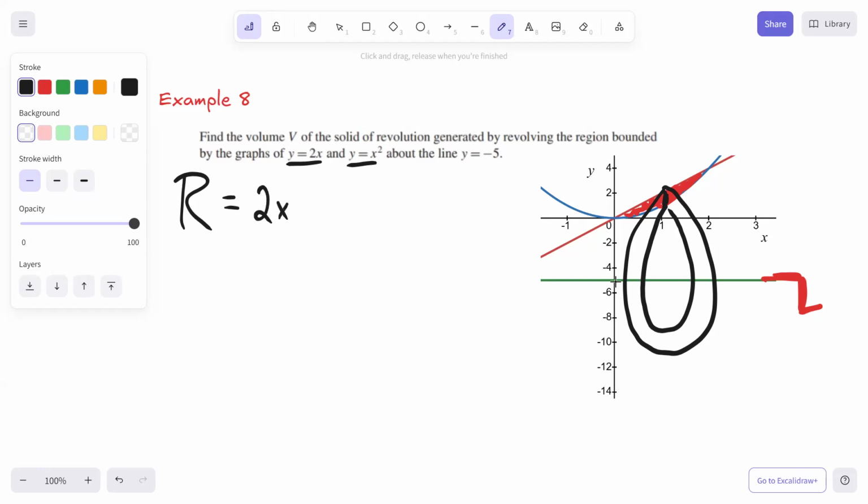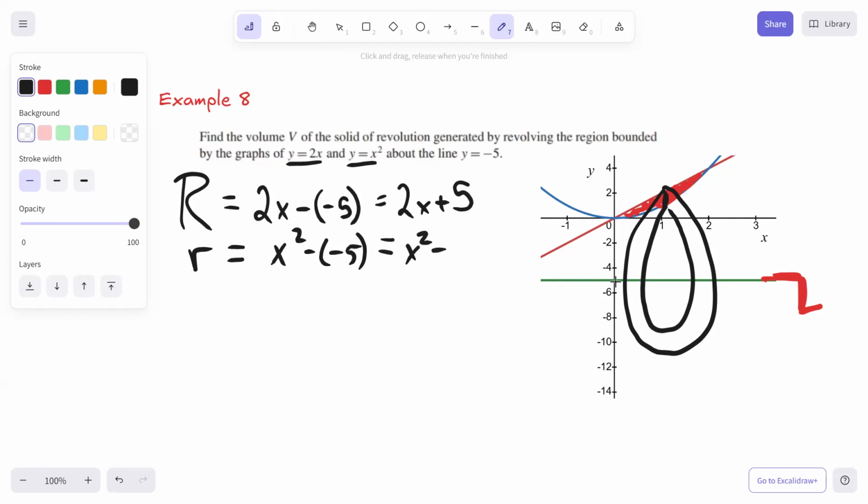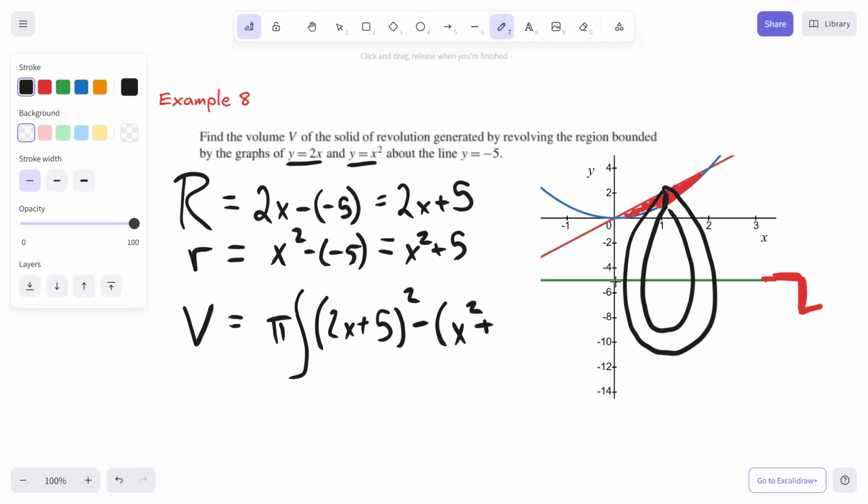If you do top minus bottom for the radius of the outer boundary, you would get 2x minus -5, which is 2x plus 5. The inner radius formed by top minus bottom would be x squared minus -5, which is x squared plus 5. So the volume is equal to pi times the integral of big R squared, so (2x plus 5) squared, minus (x squared plus 5) quantity squared dx.